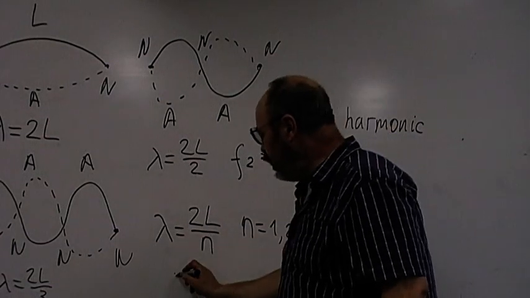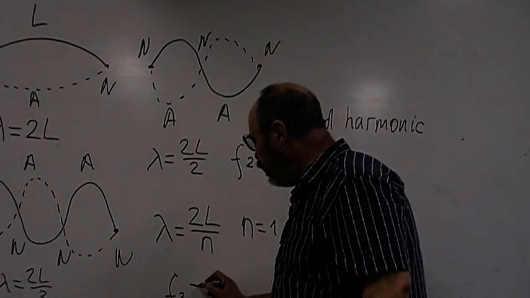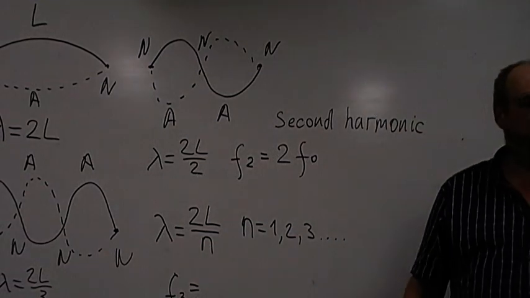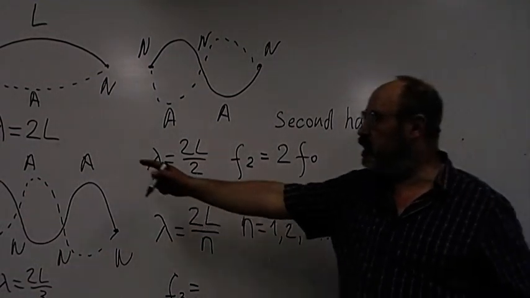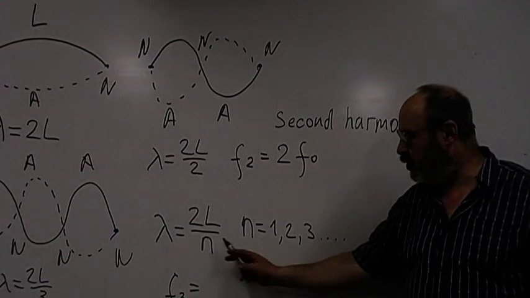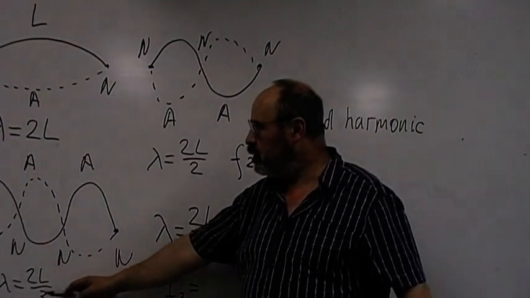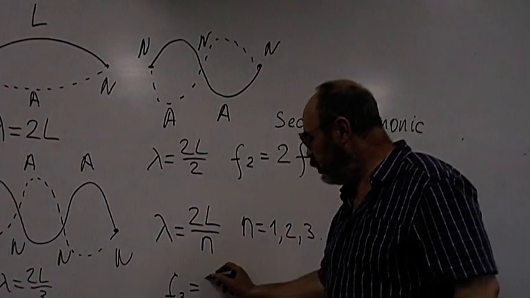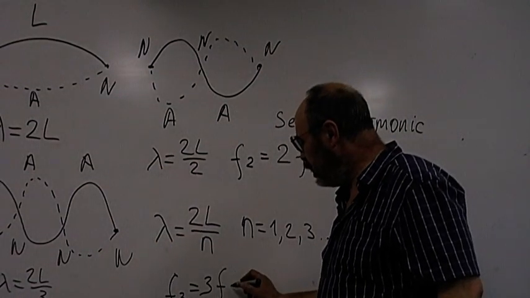This will be f3. What will this frequency be equal to in terms of the fundamental? 3 times, because the wavelength is 3 times shorter, the frequency will be 3 times higher.